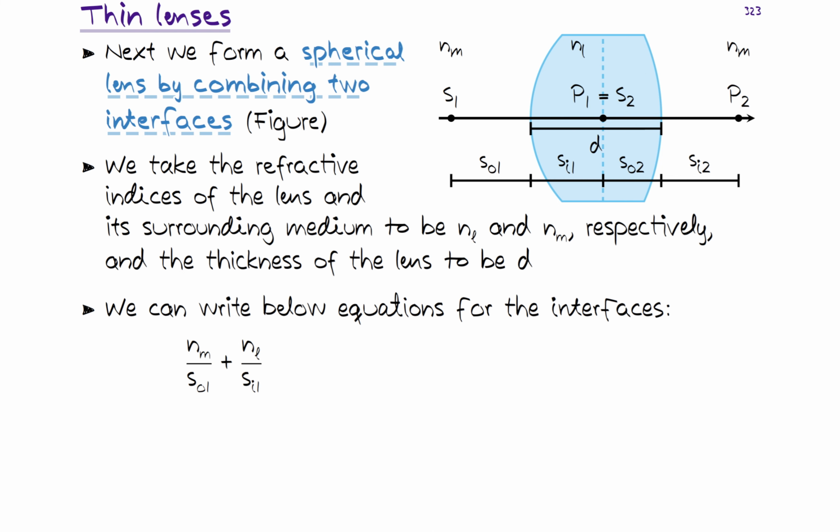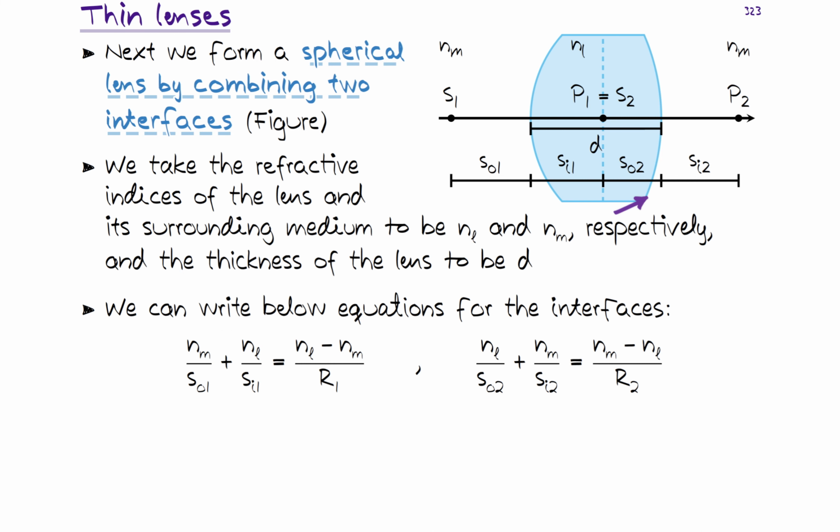The second term in the equation will be NL divided by SI1, and this is equal to NL minus NM divided by the radius of curvature R1. Then we can write the same kind of equation for the second interface: NL divided by SO2 plus NM divided by SI2, and this equals NM minus NL divided by R2.